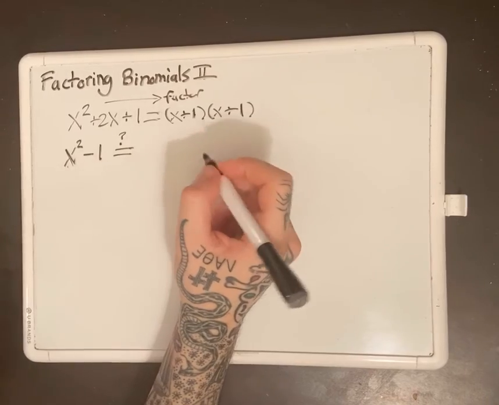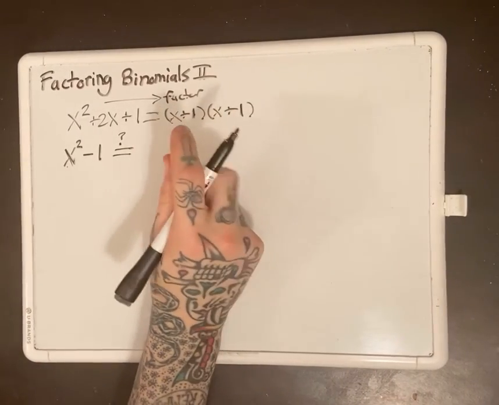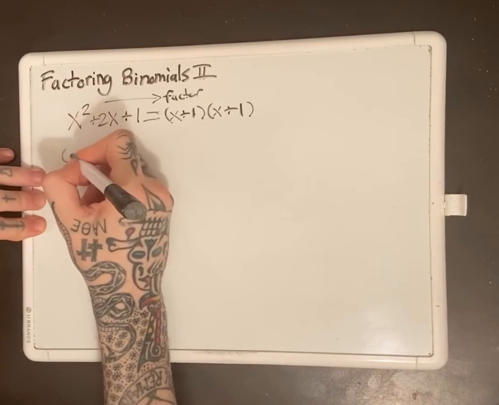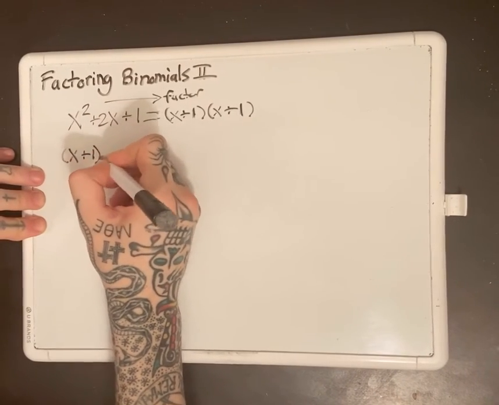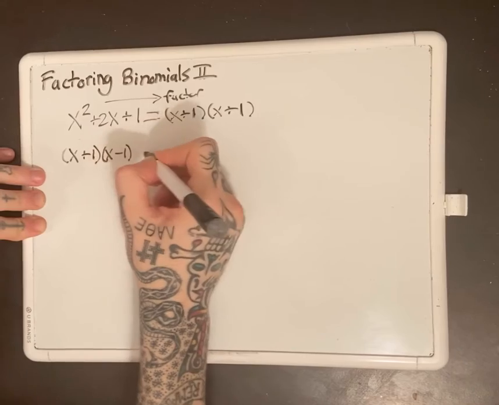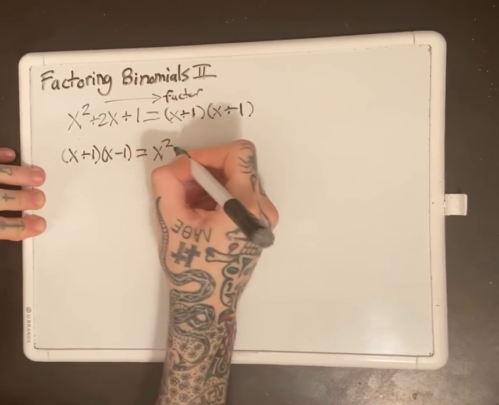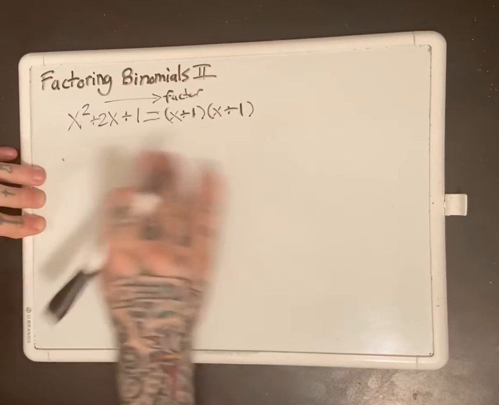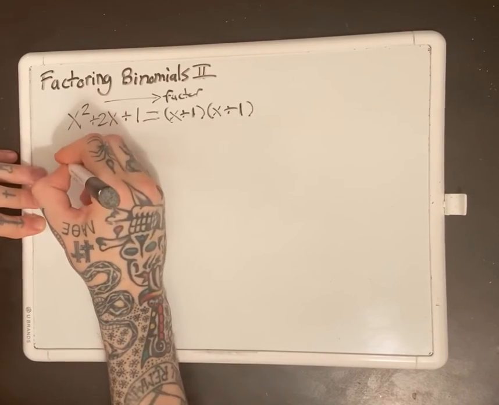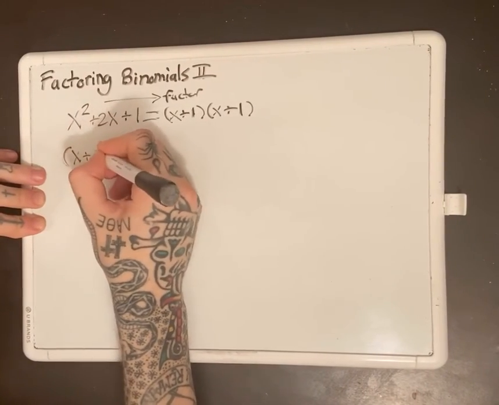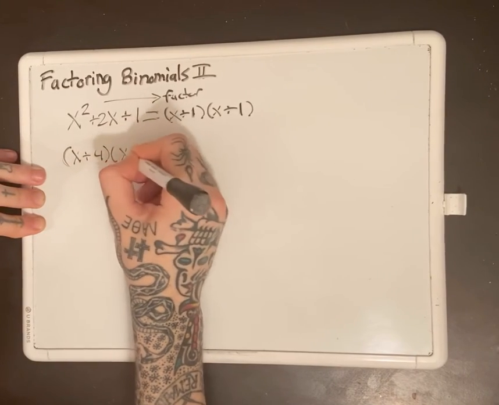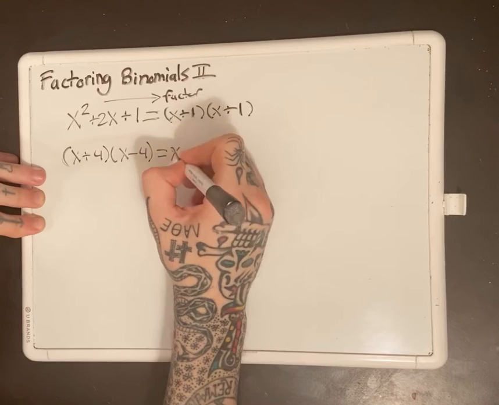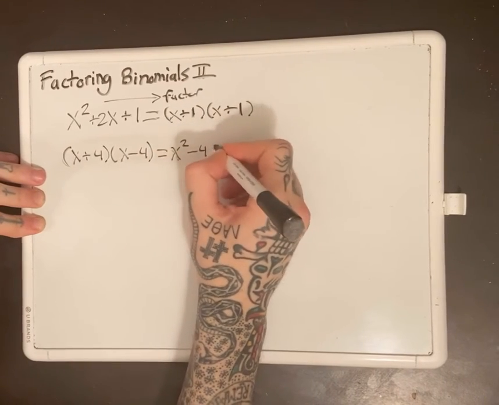So, before we factor it, let's just go back. We said x plus 1, x minus 1 is equal to x squared minus 1. No, let's not use this example. Let's say x plus 7, x minus 7 equals x squared minus 49.